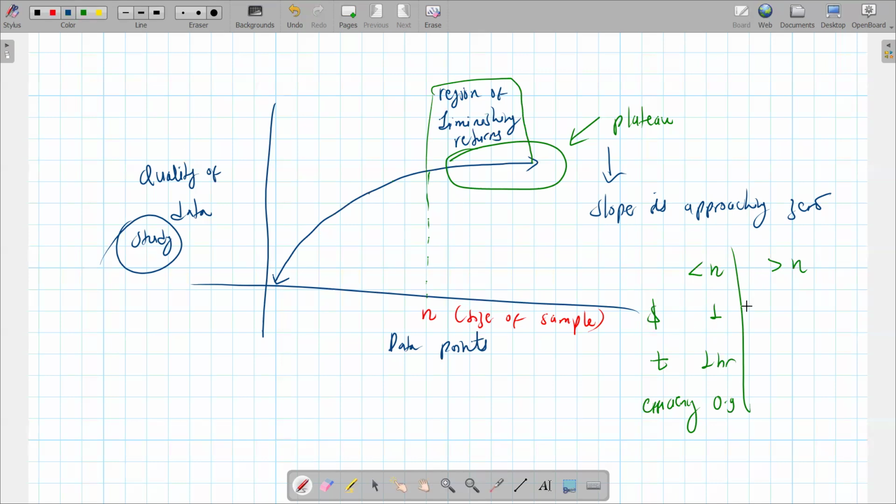Greater than n, your dollar value is going to increase, your time is also going to increase, and your efficiency is going to decrease. That's why in statistics, usually we don't consider this region. That's why, in the example I gave earlier, if we had all data points up until infinity, we would have a perfect model. But we will never do this because that's not practical at all.